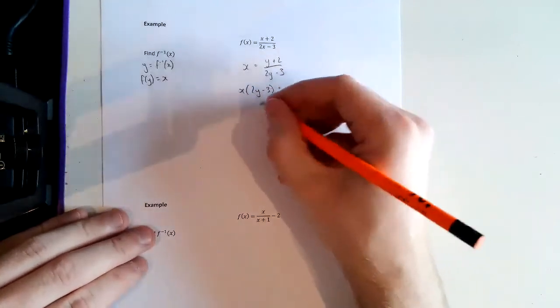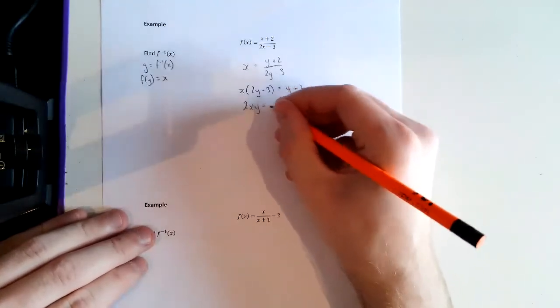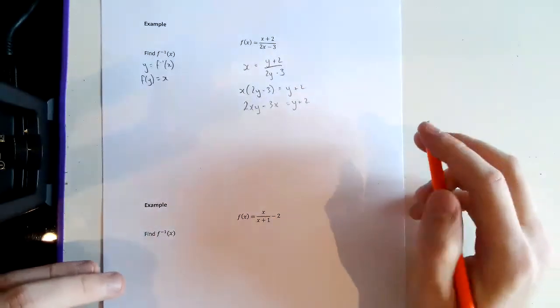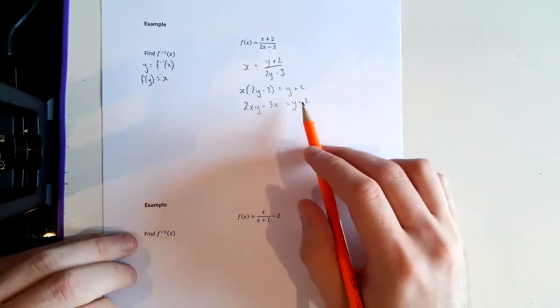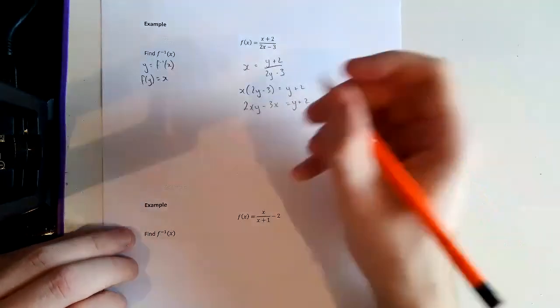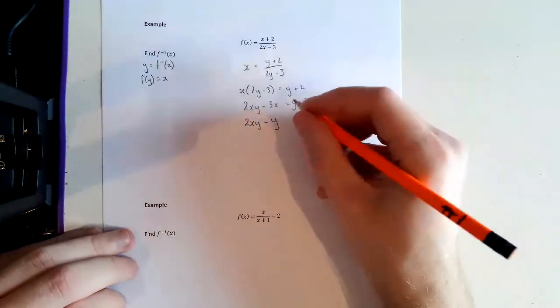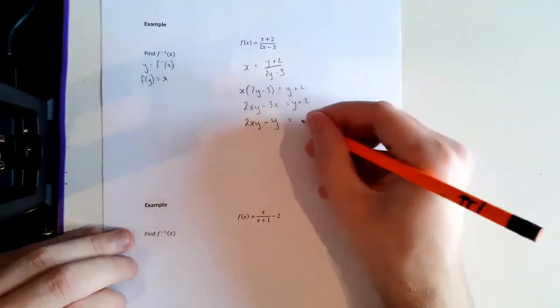I'm going to expand the bracket. 2xy minus 3x equals y add 2. Now I want to get y equals, so I need all the y's on one side. So I'm going to take away y from both sides. And I'm going to plus 3x to both sides.